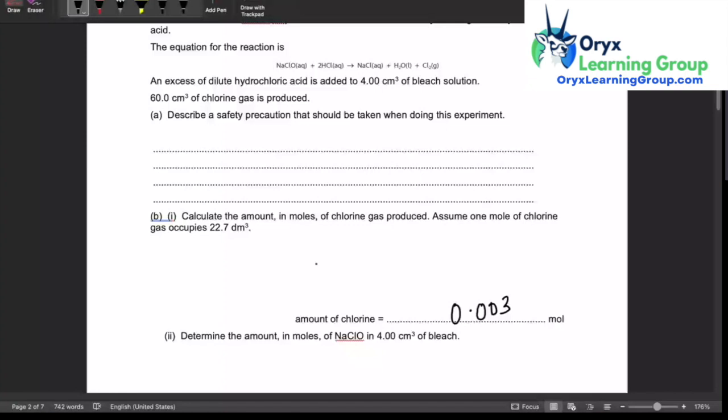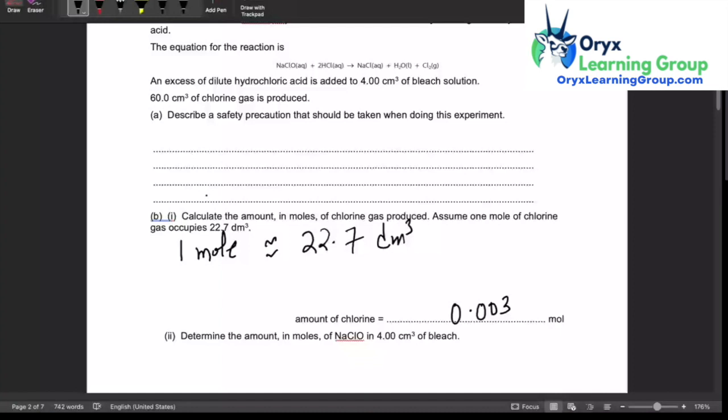Okay, let's try to answer this one. It says 1 mole corresponds to 22.7 dm cubed, right? Yes. Now, what is the volume of chlorine produced? 60 cm cubed. Correct.